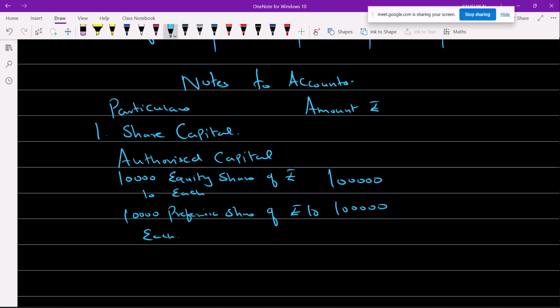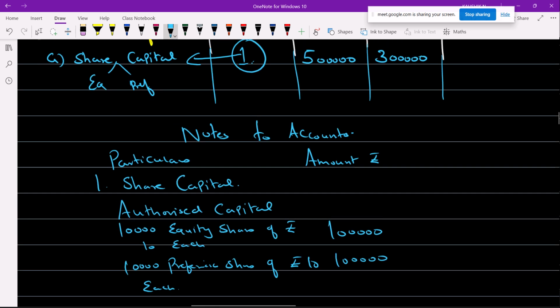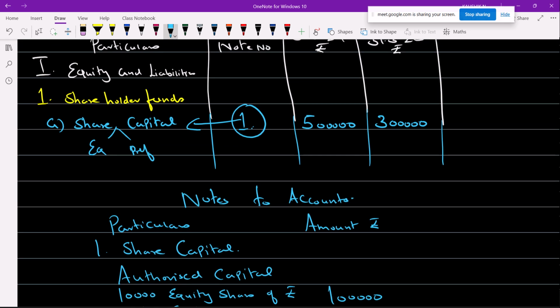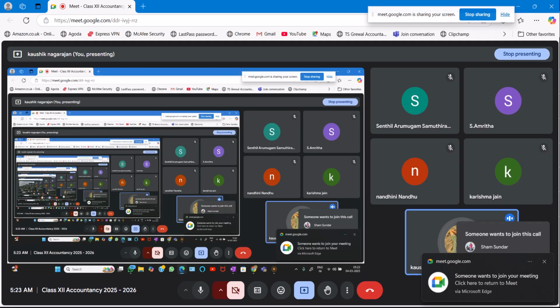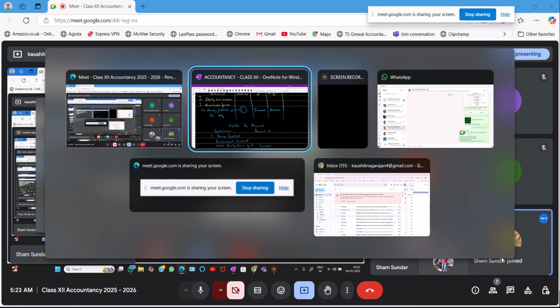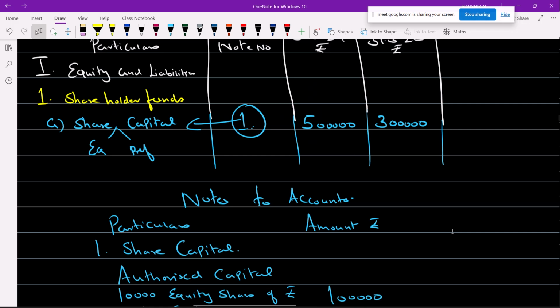Sir, can you repeat once again, sir? Okay, see here I just gave you information about share capital and value. But I have not given you whether that share capital consists of equity shares, preference shares, or a combination of both.